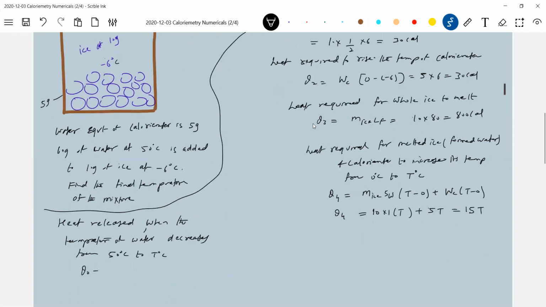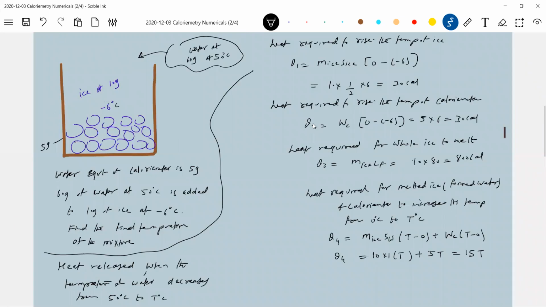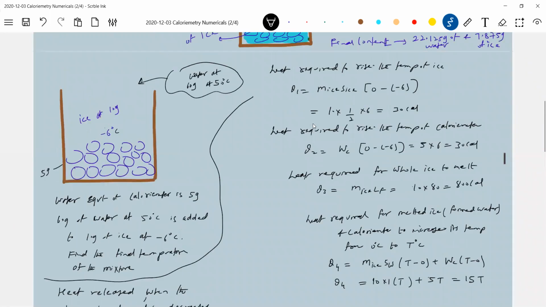So what is the mass of water? Mass of water, specific heat of water, initial minus final, since it is heat released. Mass of water is how much? 60 gram. Specific heat of water 1.